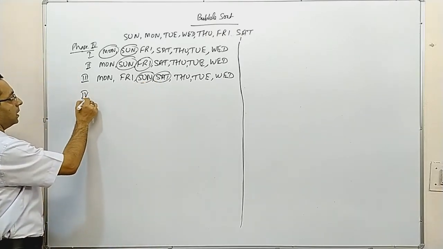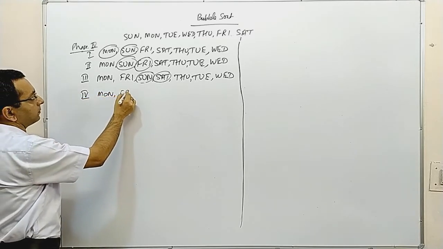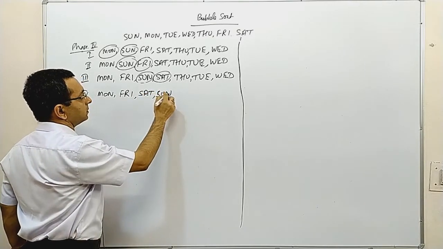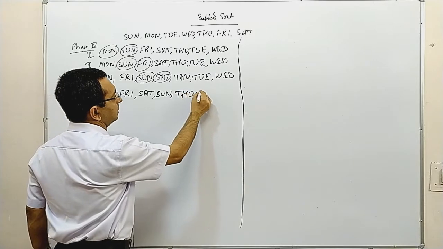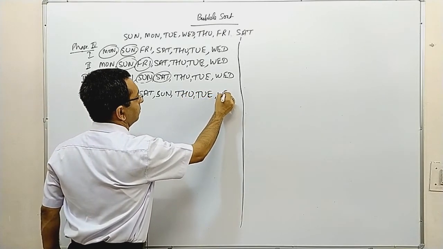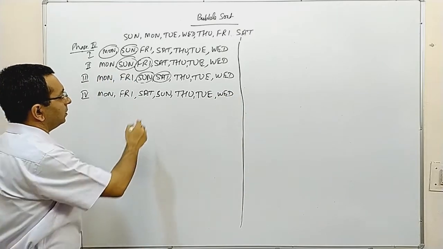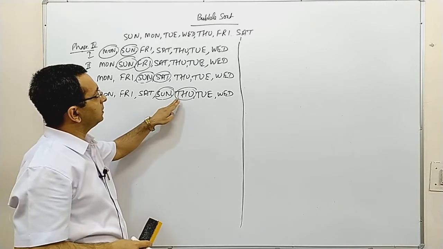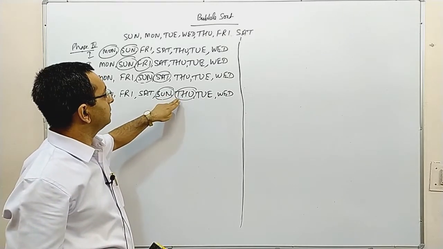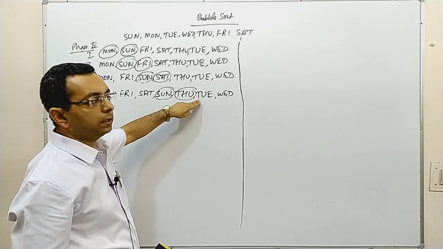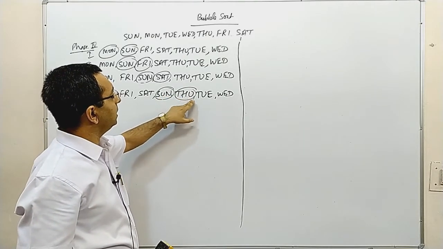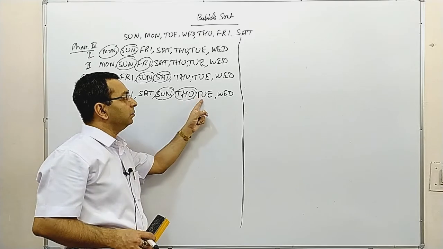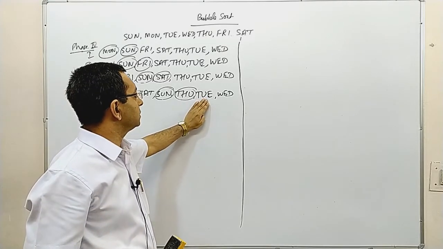So now in the next step: Monday, Friday, Saturday, Sunday, Thursday, Tuesday, Wednesday. So now Sunday and Thursday will be compared, but it is already sorted because S is smaller than T. Then T will be compared with this T, and if both Ts are the same, then H will be compared with U. Here you can see H is smaller than U, so U will be counted as the bigger one.